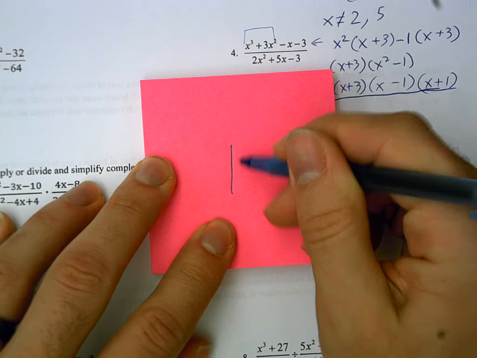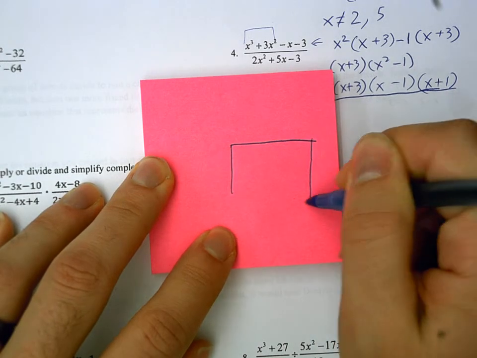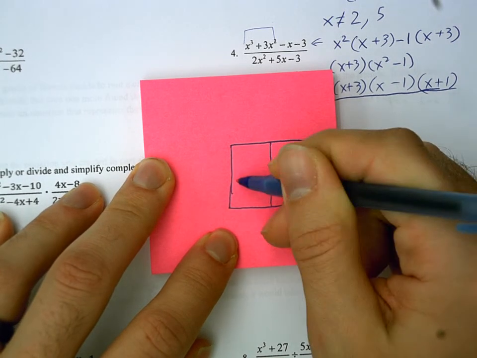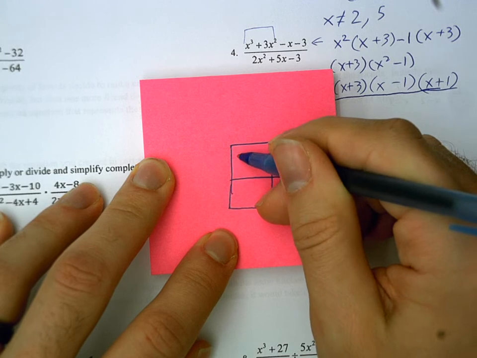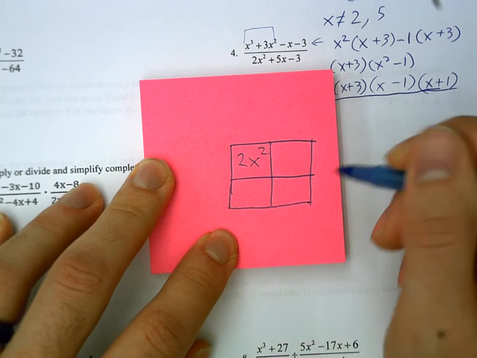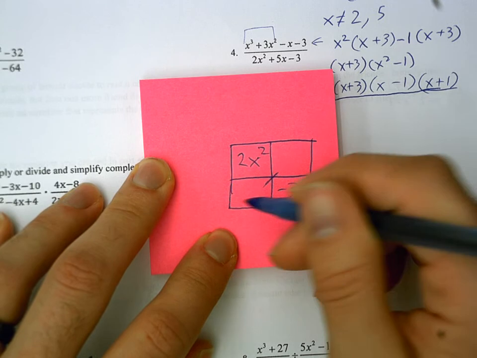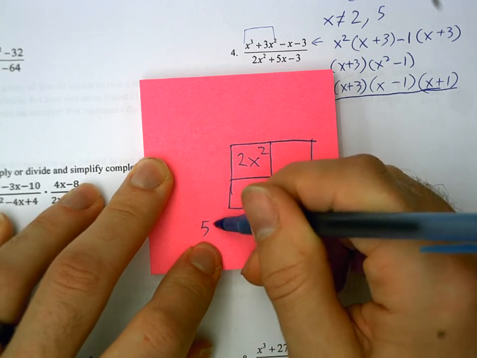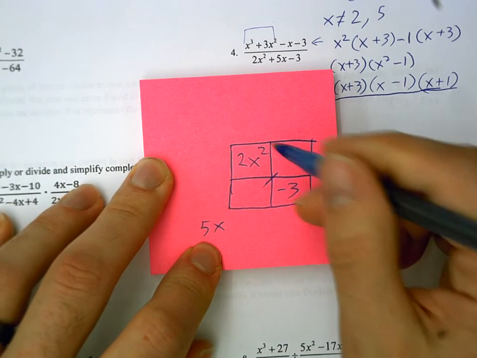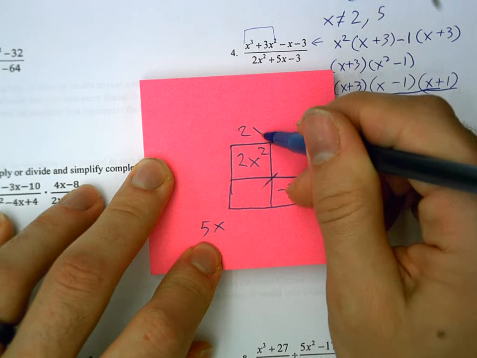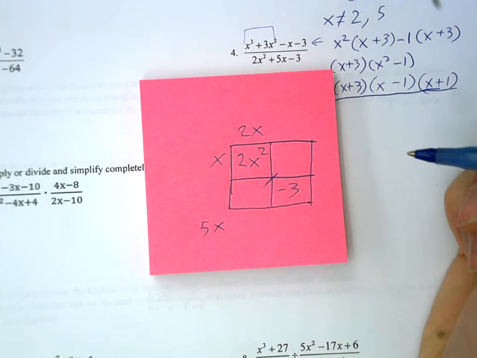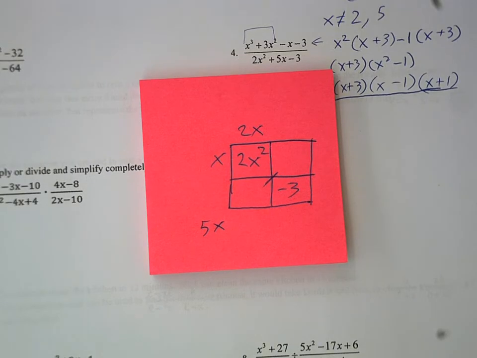I'm looking for numbers. We need a 2x squared here, and we need a negative 3 down here, and these two need to add up to 5x. So the only way to get that 2x squared is 2x and x, but now I need numbers that multiply to negative 3.